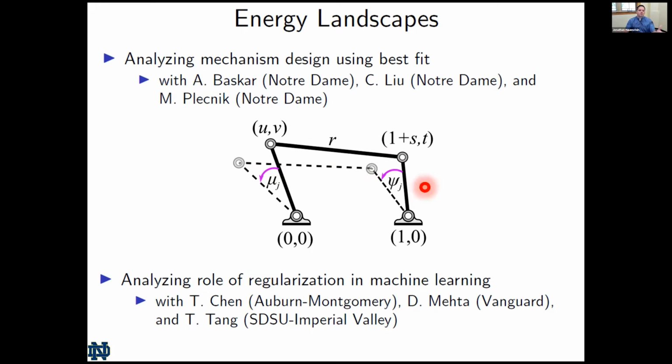And so I can look at fitting a function to this response. And then we can also look at machine learning, where again, you're trying to find parameters that best fit your data. And so we'll look at these two applications of this best fit idea using these energy landscapes.